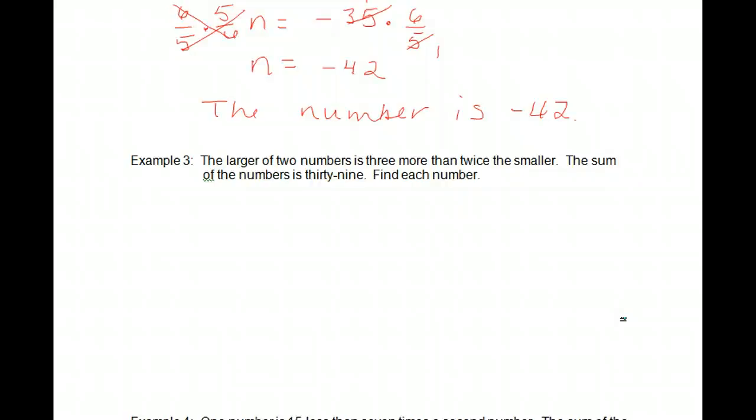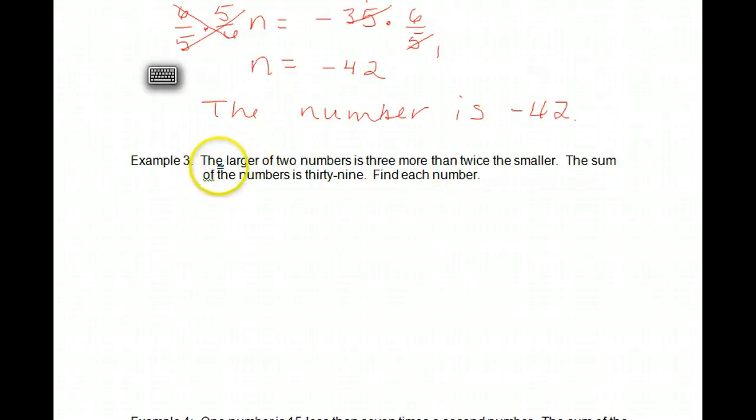Find each number. What we have to look at here, since we're being asked to find two numbers, is we have to make a determination of which number is based off of the other. Is the larger number being based off of the smaller, or is the smaller being based off of the larger?